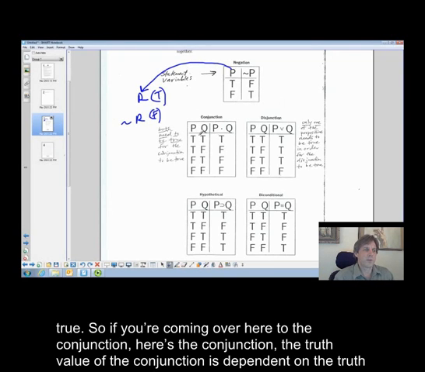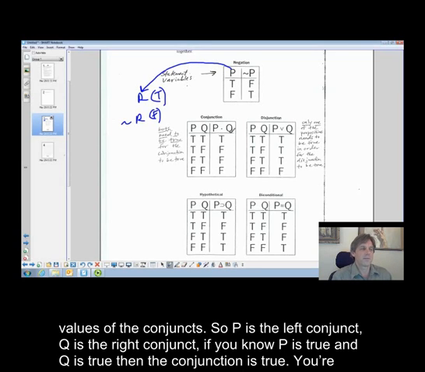So if you're coming over here to the conjunction, the truth value of the conjunction is dependent on the truth values of the conjuncts. So P is the left conjunct, Q is the right conjunct. If you know P is true and Q is true, then the conjunction is true.